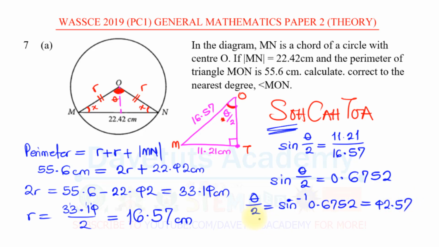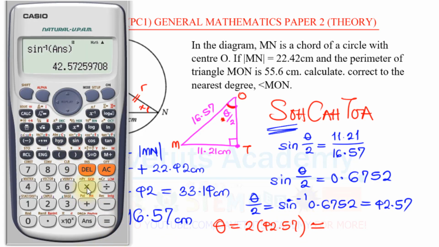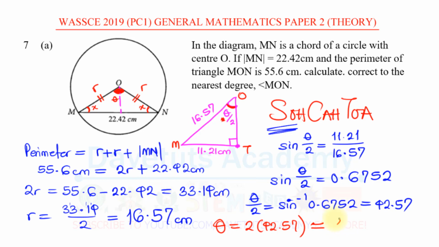That is theta over 2, meaning that the theta we are looking for is equal to 2 times 42.57. I love questions like this. That will give us 85.15.